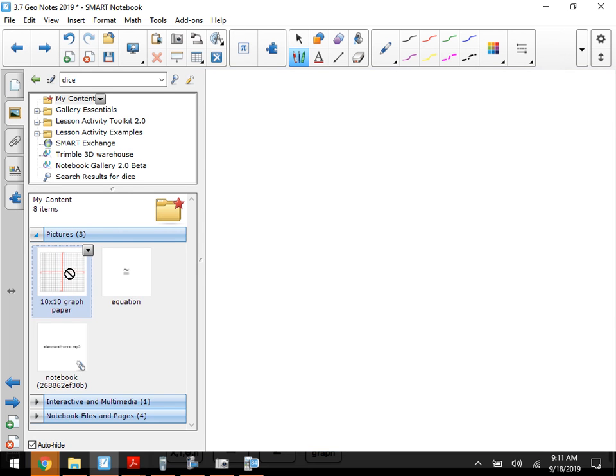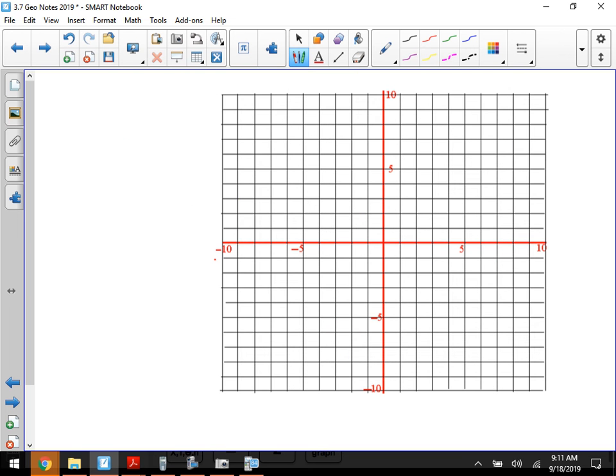I haven't given you any graph paper, but if we wanted to graph the equation y equals negative 1/3 x plus 2, what's your slope? Negative 1/3. What's your y-intercept? 2. So when you graph something like this, you always start at your y-intercept, and then you walk your slope.